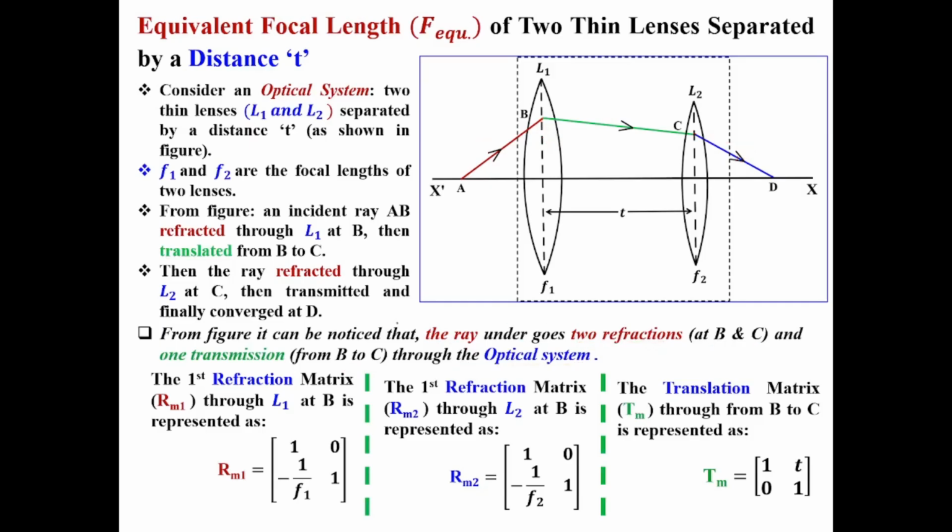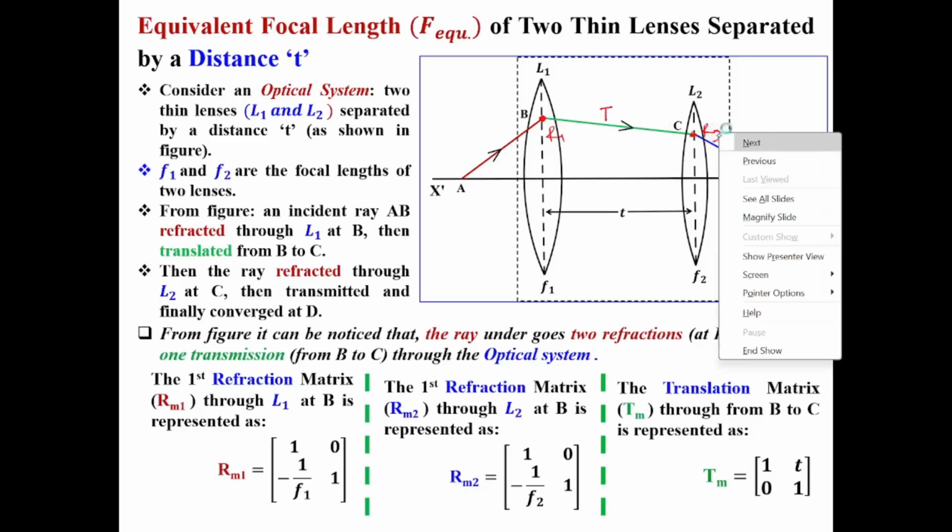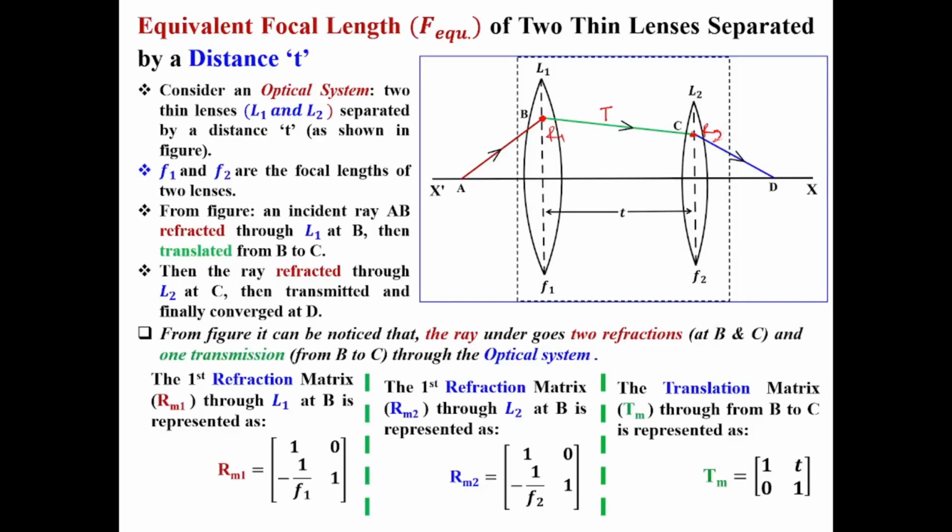So these dynamics, two refractions and one translation, are going to be used to find the system matrix of this optical system.